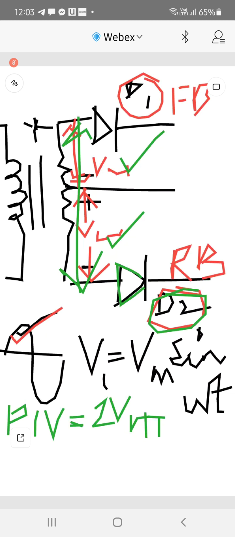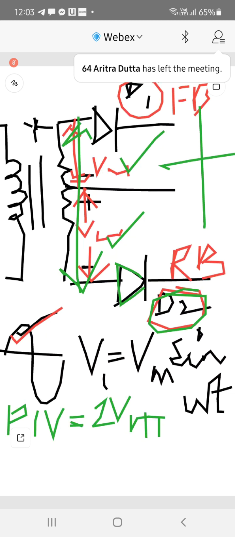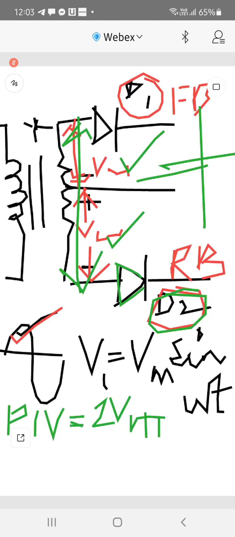Okay, 1, 2, 3, 4, go to 10 volts, and you got currents in microamperes if you remember. That is how you got the reverse bias characteristic graph of the PN junction diode.